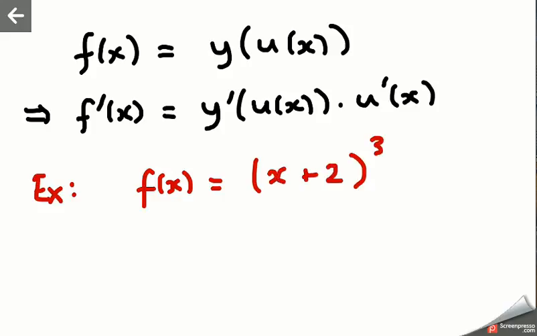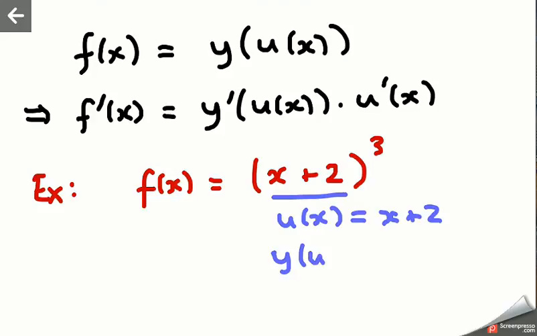In the middle, we can make x plus 2, and call that u of x. So that can be the u function. So u of x equals x plus 2. And y depends on u, not x, so y of u equals u cubed.